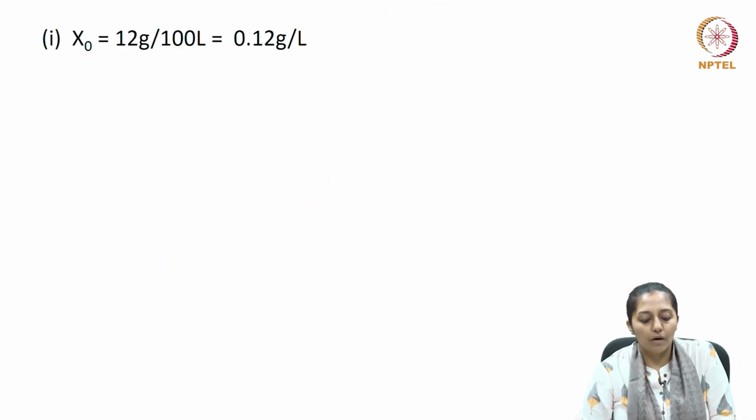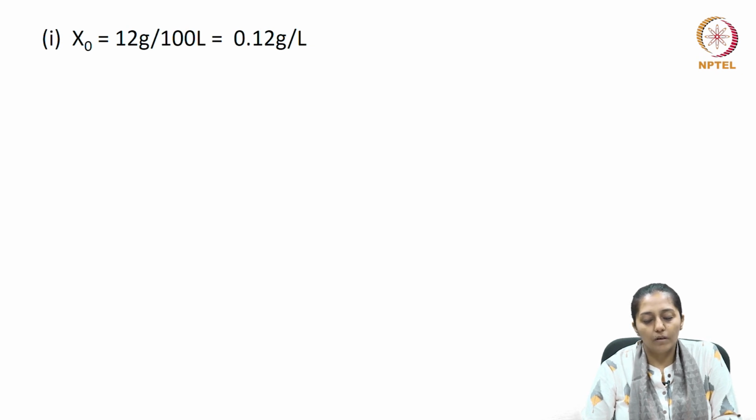Let us see the solution now for the first problem which we discussed. X naught we can calculate given the volume and the mass of cells added in the reactor. So, the concentration at time t equals 0, when the cells start getting into the exponential phase, can be assumed as 0.12 grams per liter.